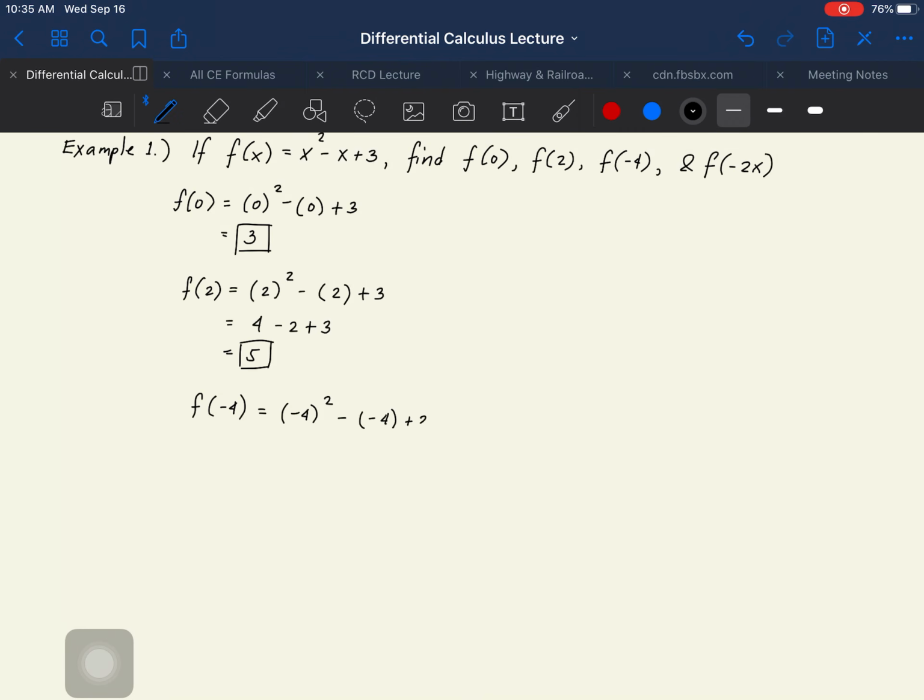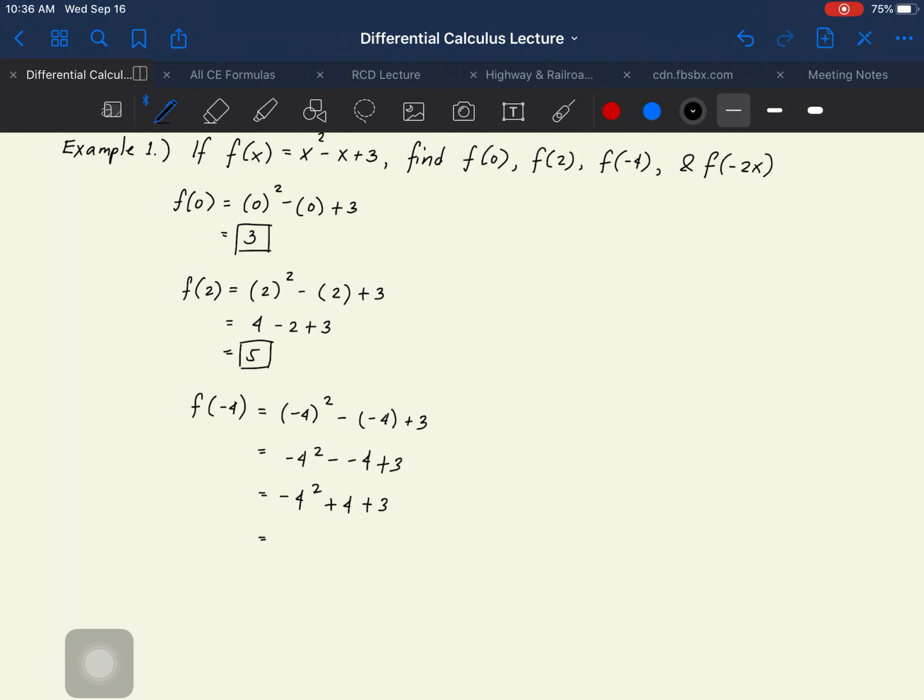Why? It's because whenever I substitute a value with a negative sign, we will not be able to confuse it with subtraction. For example, if I do not put a parenthesis here, it will somehow look like this. Negative 4 squared minus negative 4 plus 3. Now obviously you will know that this will become positive, so you will put there positive plus 3.